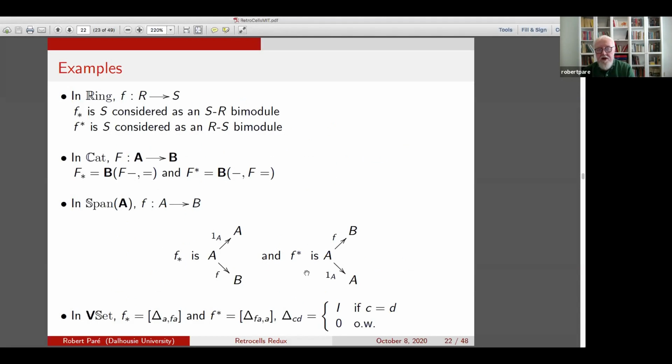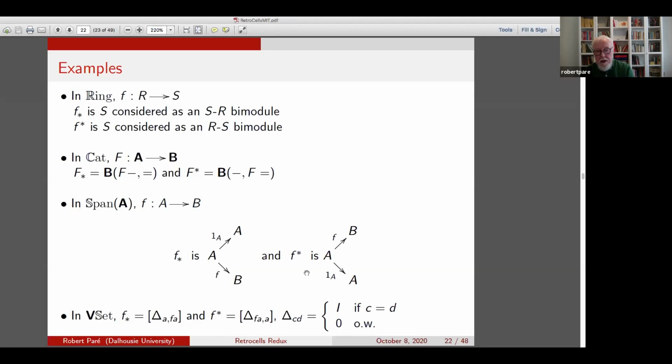And so in my examples, every homomorphism has a companion and a conjoint.